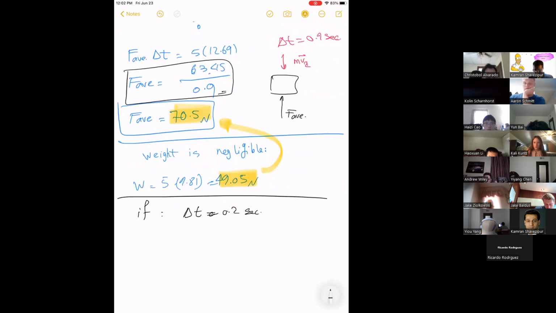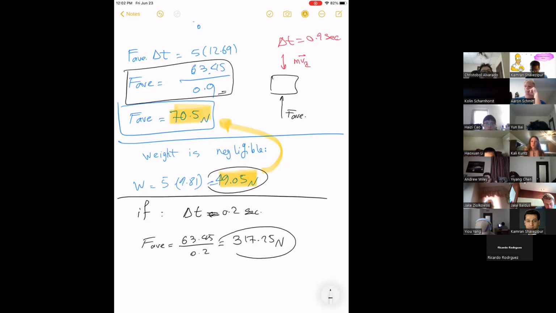So if delta t is 0.2 second, F average is going to be 63.45 divided by 0.2. And if you do that, you get 317.25 Newton. Now, 300 compared to 49 is almost like 7-8 times more, right?